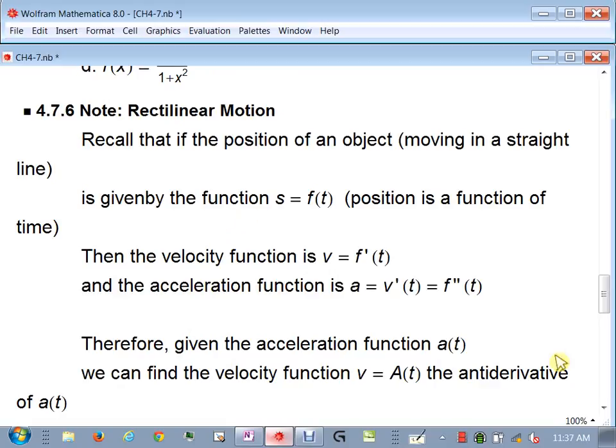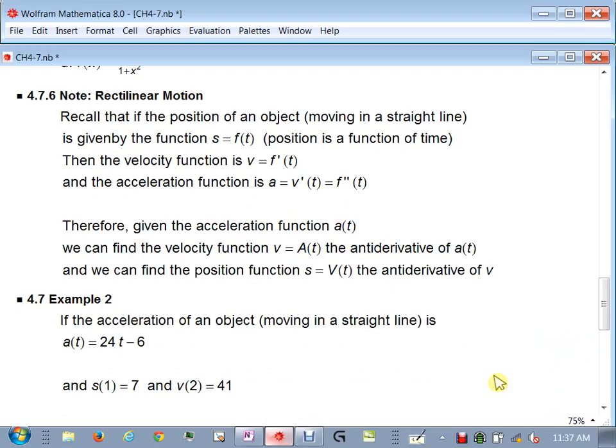Recall that if the position of an object which is moving in a straight line is given by the function s equals f of t, which we call the position function, then the velocity was the derivative of its position function, and the acceleration function was the second derivative, or the derivative of the velocity. Y'all seen that before, Cal 1? Okay, or physics, yeah. It kind of makes sense.